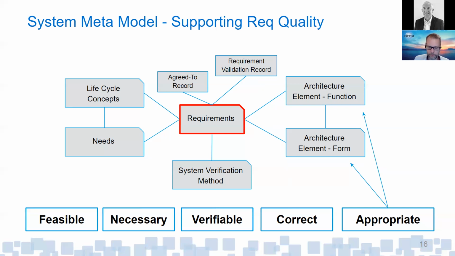If it's a requirement that is connected to a function, we can look at the allocation to form to see if that level seems to be appropriate, considering also the subject of the requirement. So at least we can get some help with establishing the appropriate characteristic as well.